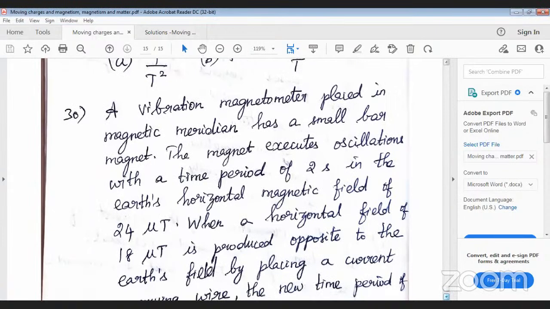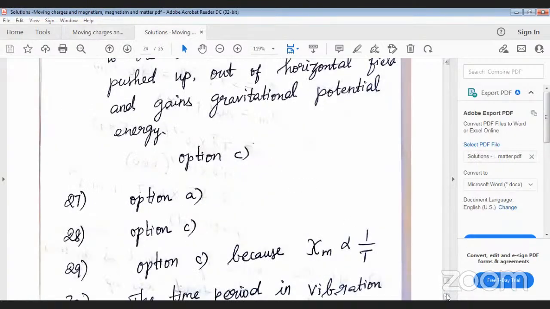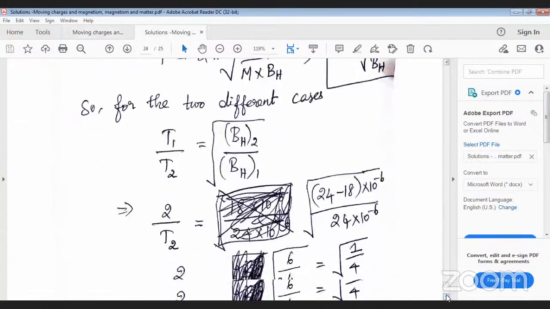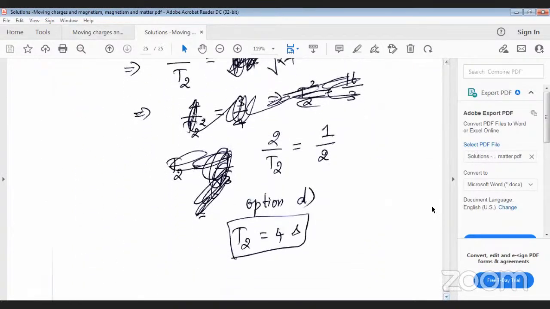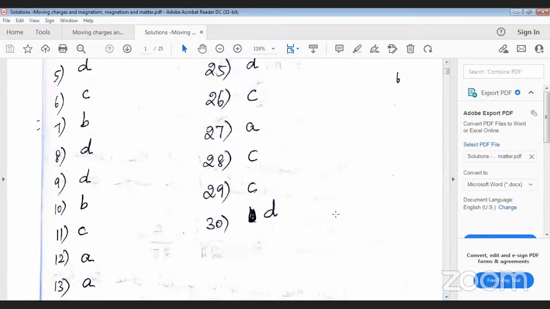Question number 30. For this question, I would like to mention one point. In the answer key given by me earlier, I mentioned a different option, but actually the right answer is option D. So please make note of this change.